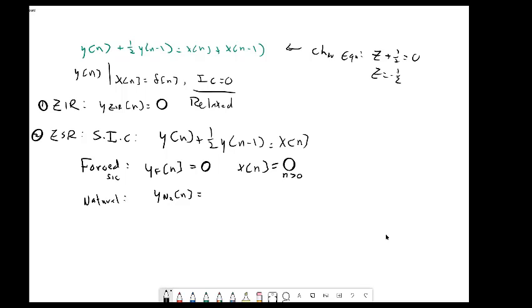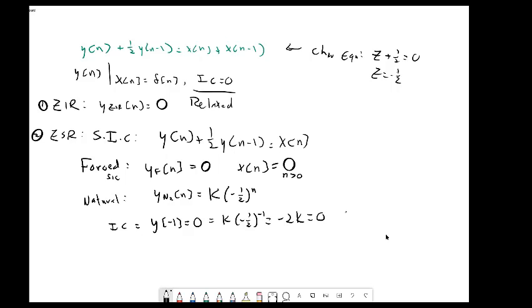So our natural response, looking that up, is some unknown k times minus 1/2 to the n. And then we solve for k using an initial condition for a 0 state response, which is y of minus 1 has to be 0. And we plug that into our equation, k times minus 1/2 to the minus 1, which is minus 2 times k. That has to be equal to 0.